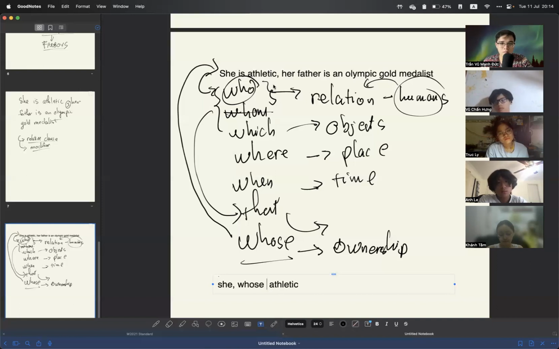A bit of tips right here: because I'm replacing her, the only thing that's replaced is her, right? So what else should I do? You can just rewrite the whole sentence with whose in place of her. So in this case, how can you say it?